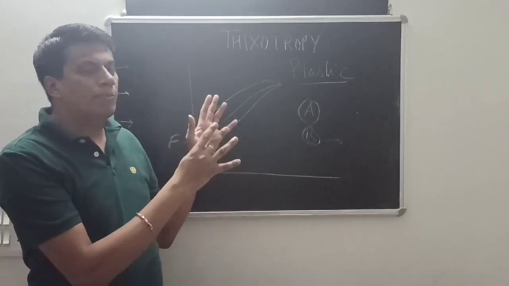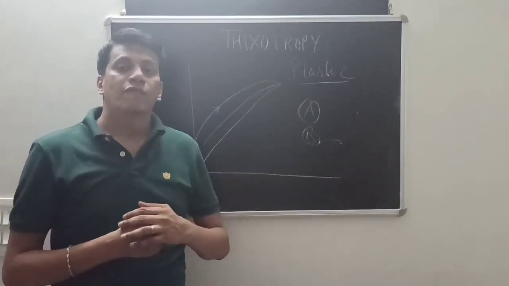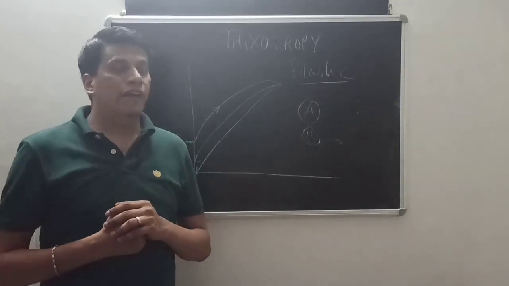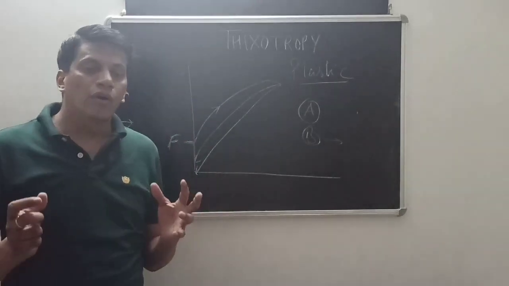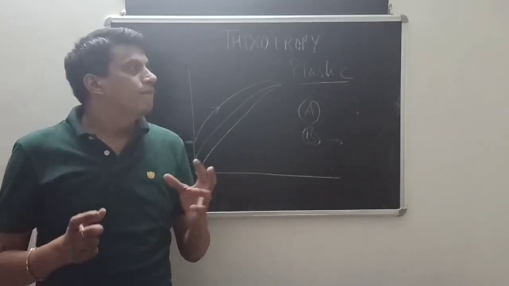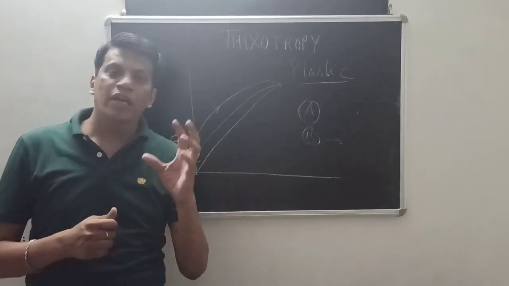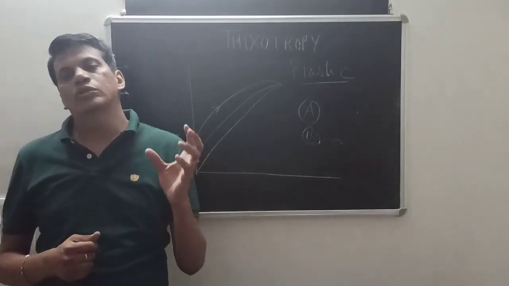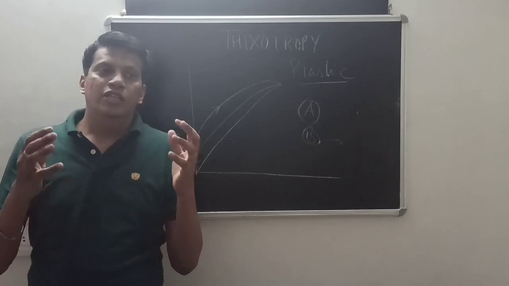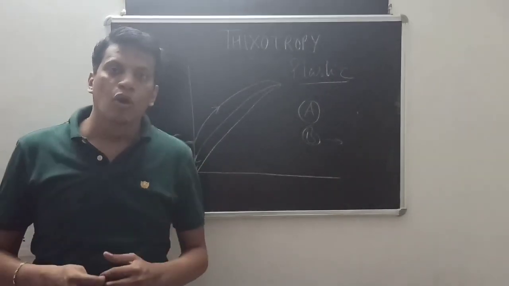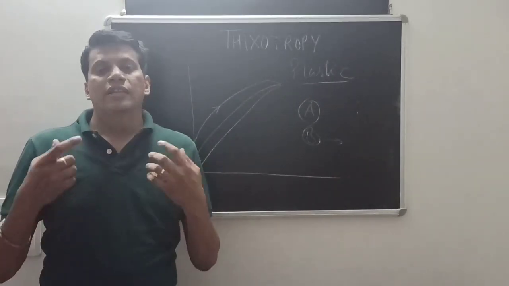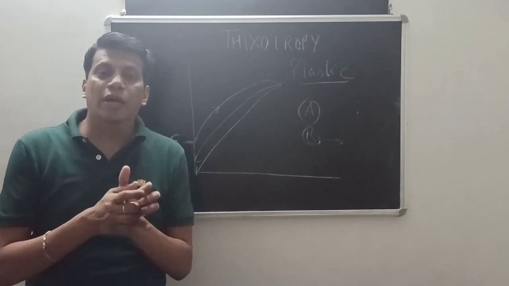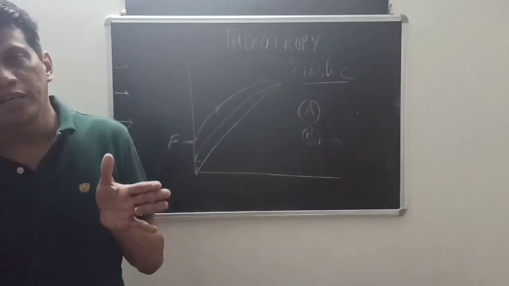Otherwise, thixotropy is a phenomenon which is very useful, say for preparation of suspension. Now assume a suspension which is prepared by thixotropy. It is viscous. As you know, due to viscosity, the rate of sedimentation will be low. When you shake it, what happens to the suspension? It becomes pourable because viscosity decreases.